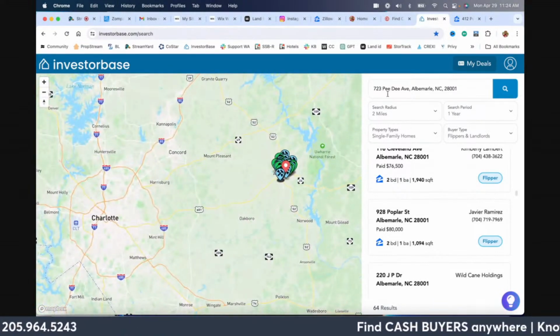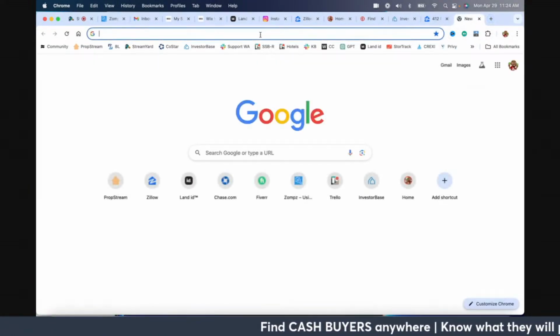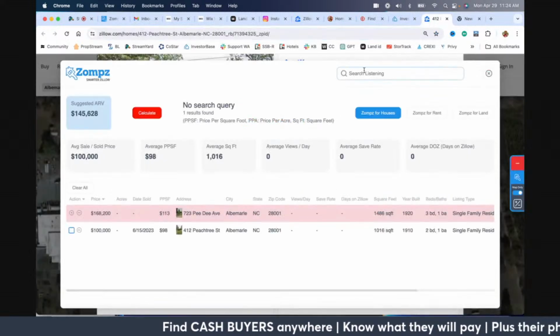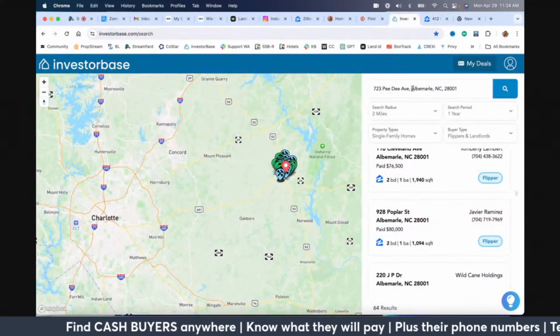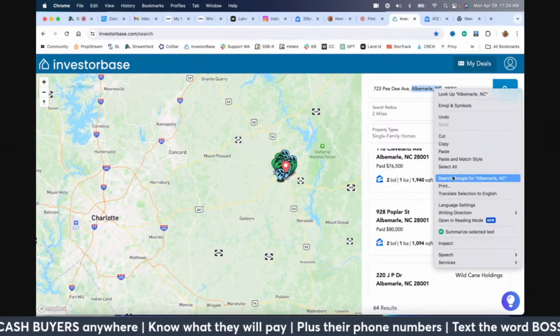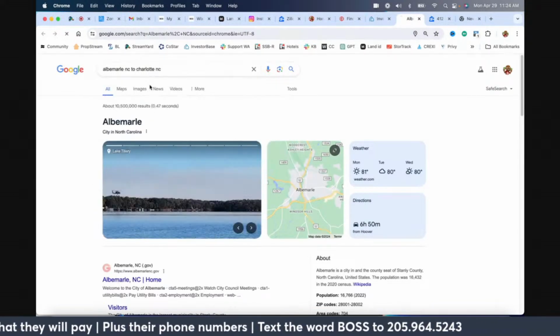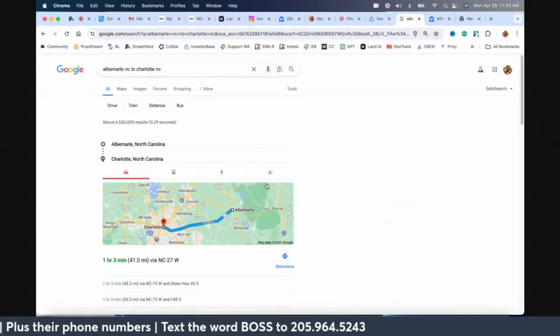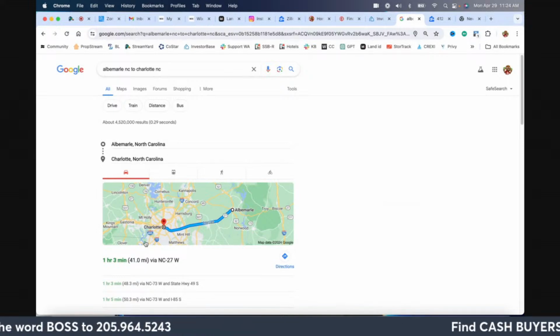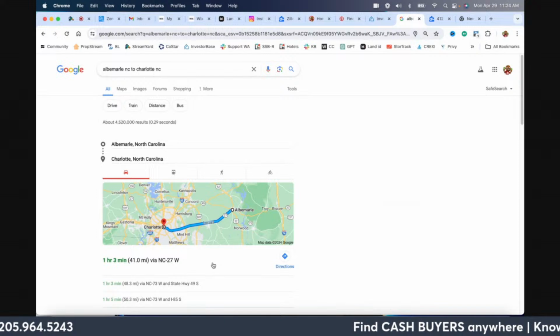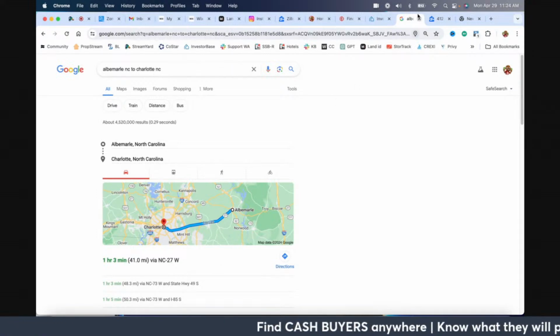How far is that? Let me see. Charlotte. It says 41 minutes. But that's technically probably outside of Charlotte's metro area though. But it's cool.